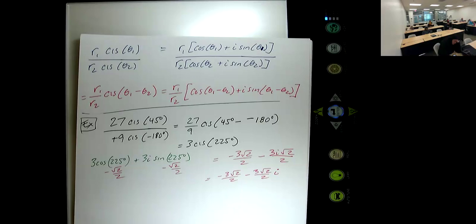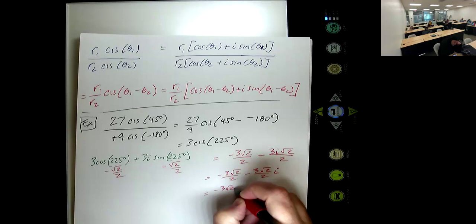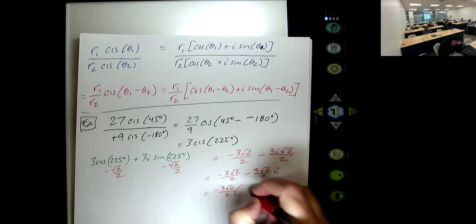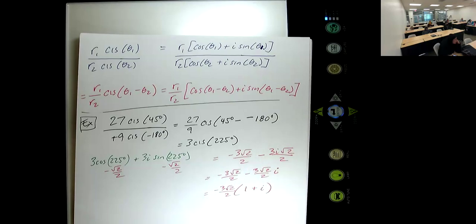I'm not sure which way the homework system takes. I'm sure it wants it with the I at the end. You could, if you were feeling crazy, factor out the negative 3 root 2 over 2 and just make this 1 plus I on the inside.